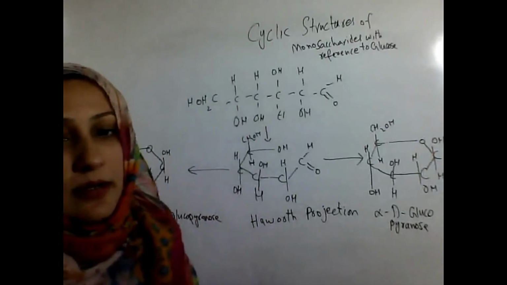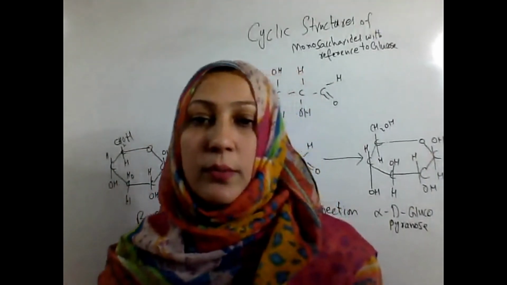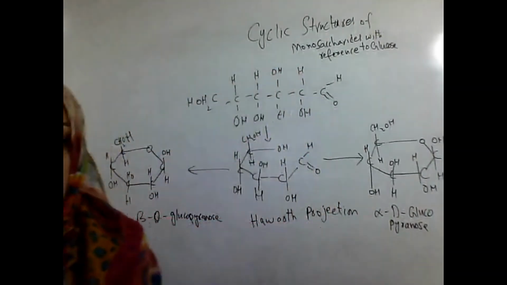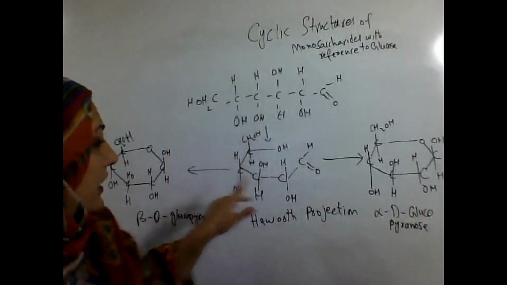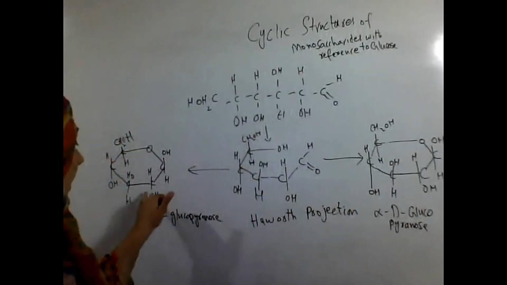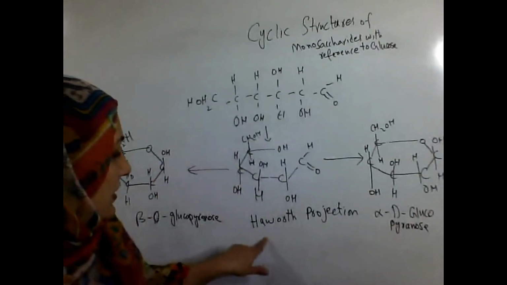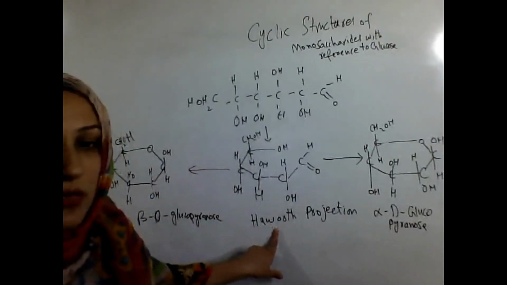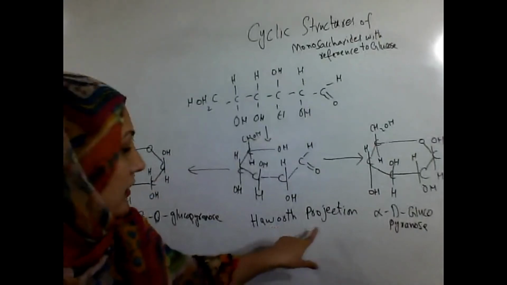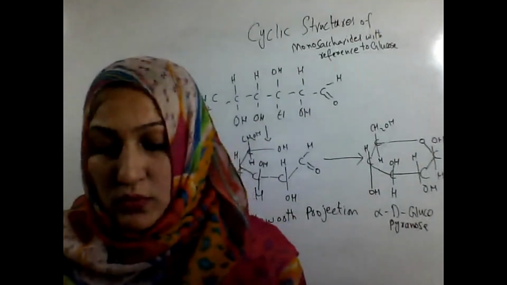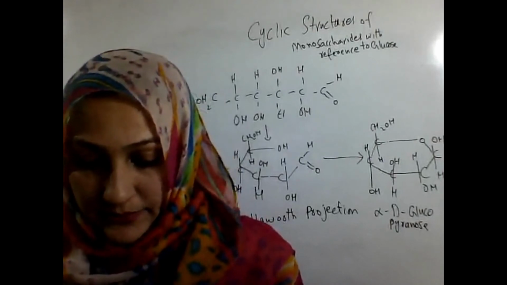These are the glucopyranose rings, the alpha D glucopyranose ring and the beta D glucopyranose ring. This structure formation was discovered by Haworth, so this is called the Haworth projection of the glucose cyclic structures.